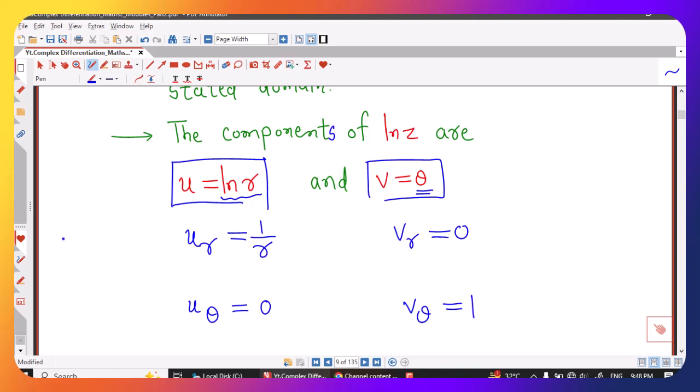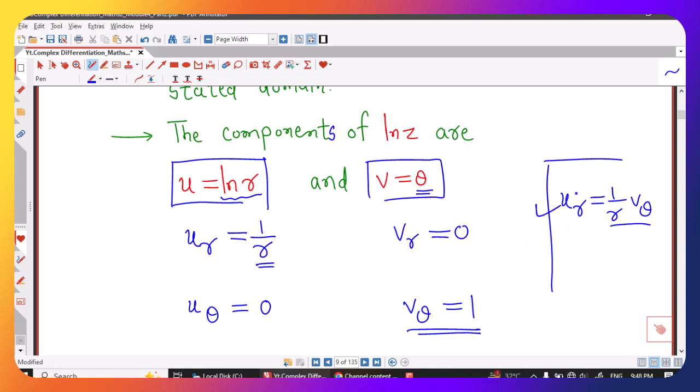Now what are the Cauchy-Riemann equations? The first Cauchy-Riemann equation is del u by del r equal to 1 by r times del v by del theta. Here del u by del r is 1 by r, del v by del theta is 1, and if we multiply it by 1 by r, we will have 1 by r times v theta.